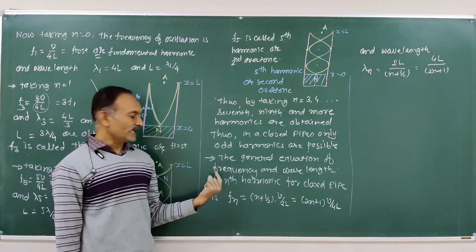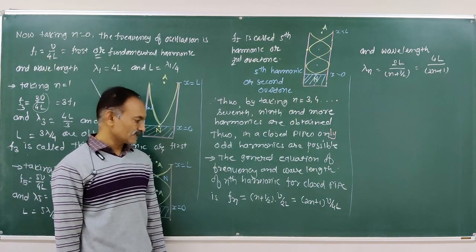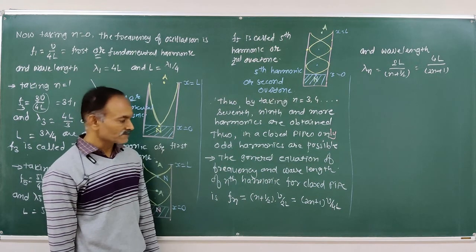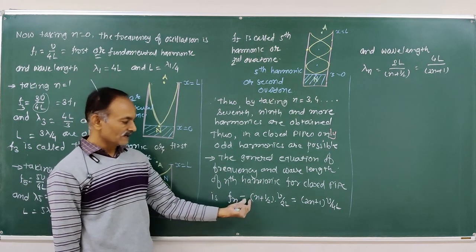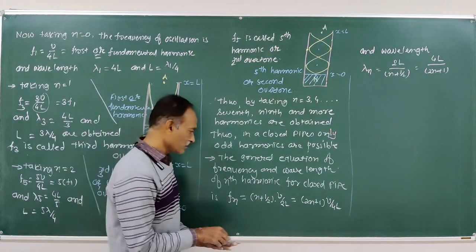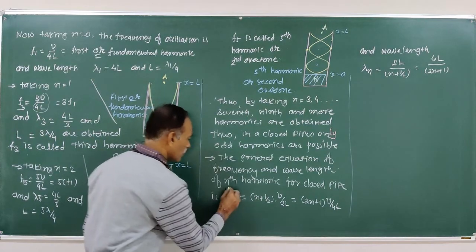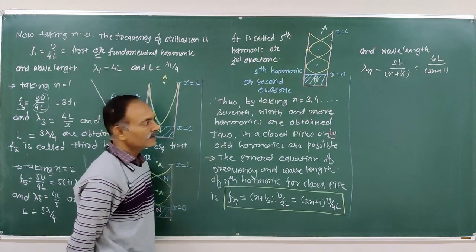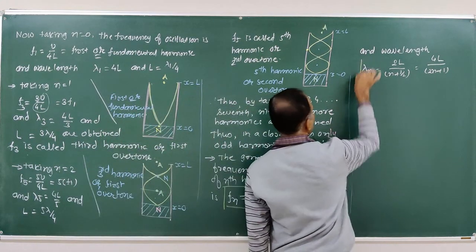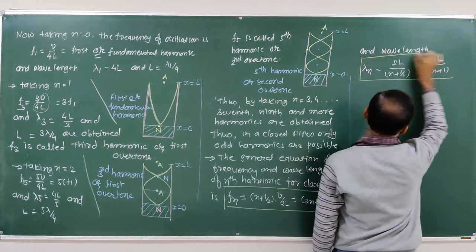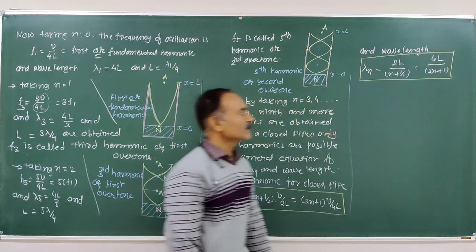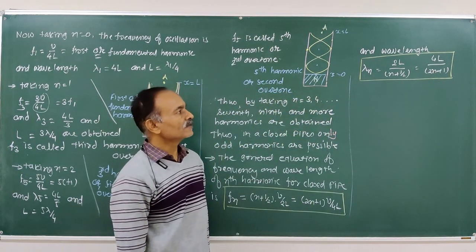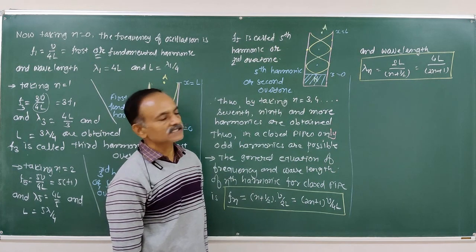The general equation of the frequency and wavelength of the nth harmonic for a closed pipe is Fn is equal to (n plus 1 by 2) into V upon 2L, or (2n plus 1) V upon 4L. And the equation of the wavelength lambda n is equal to 2L upon (n plus 1 by 2) is equal to 4L upon (2n plus 1).